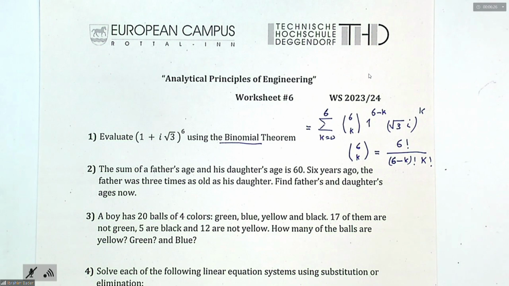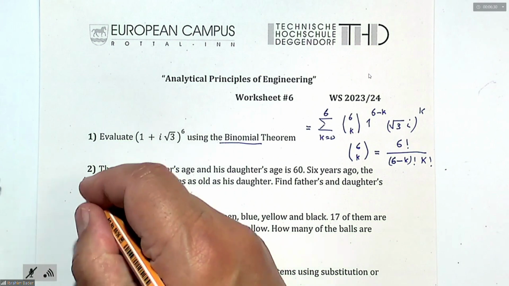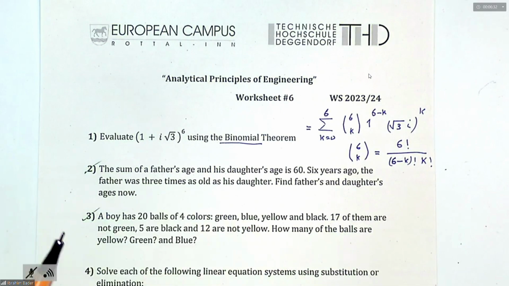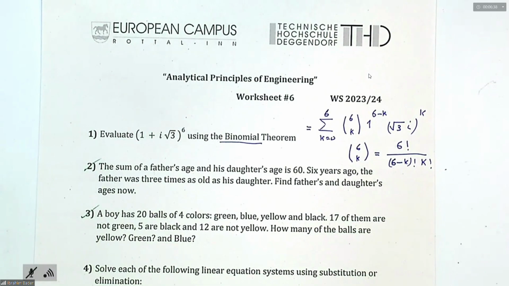Then we have 2 questions. You can think about them. These are real life questions where you need to solve simple linear equations. The challenge is that you need to construct the 2 equations in the second question, and the 3 equations in the third.